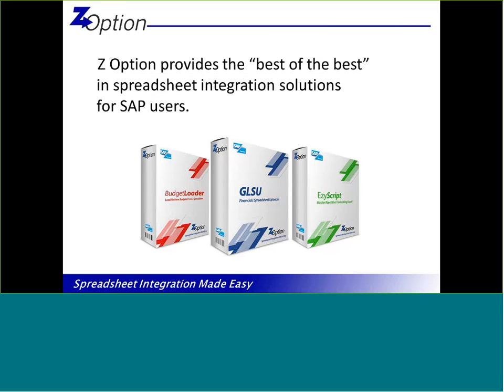So Z-Option provides what we consider, again, the best of the best spreadsheet integration solutions. Today we're going to be talking about GLSU, the finance upload tool. Tomorrow we're going to be talking about the EasyScript product, which is also an Excel-based scripting solution to do all of those tasks, things like creating material masters or any type of master data, purchase orders, sales orders, all those kinds of things.